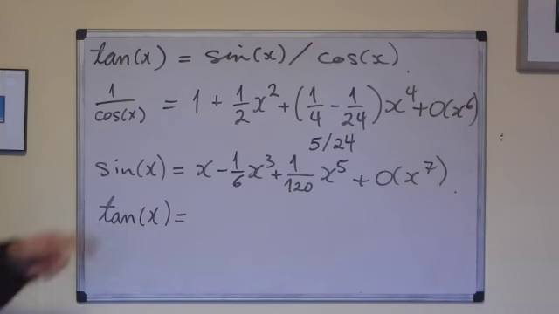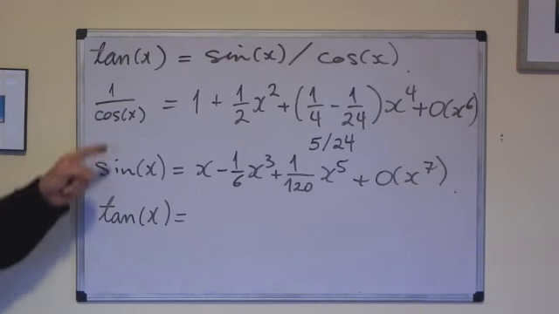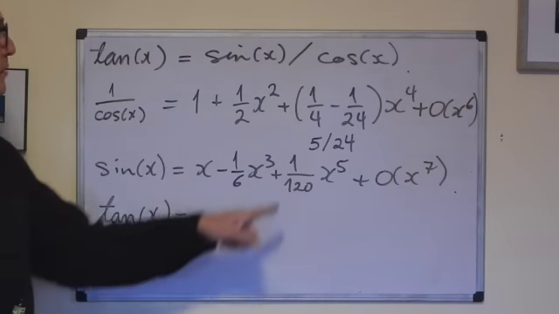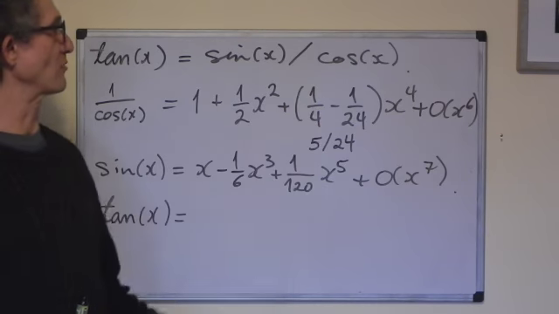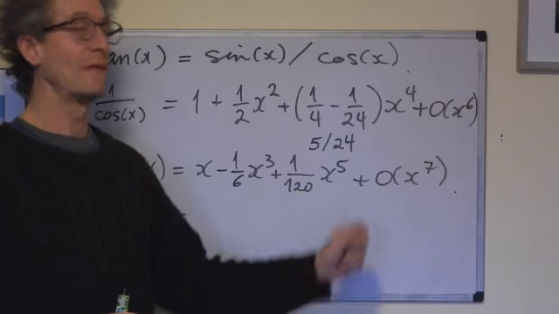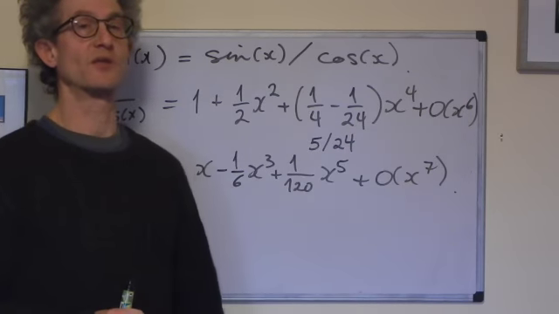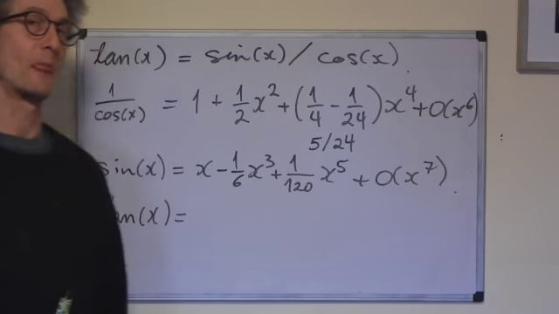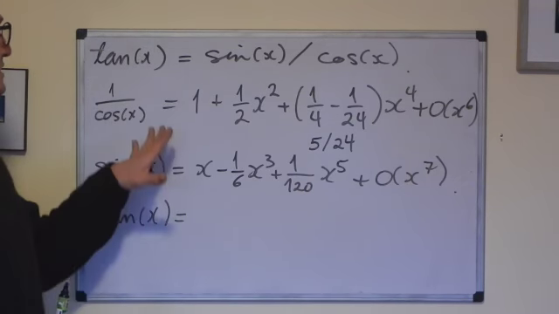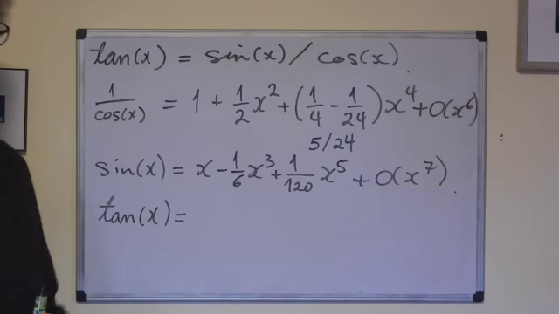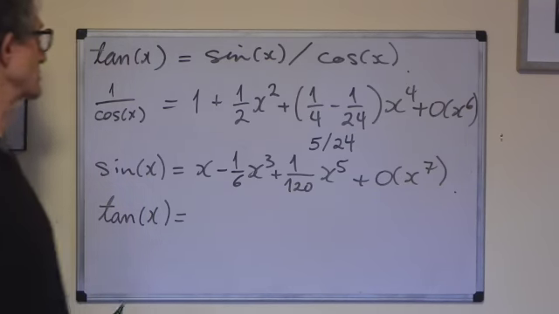We have found that 1 over cosine x is this polynomial: 1 plus 1/2 x squared plus 1/4 minus 1 over 24, which is 5 over 24, x to the 4th, and then plus something of order x to the 6th, meaning x to the 6th multiplying some polynomial. This is the polynomial expansion for 1 over cosine x based at x equal to 0.